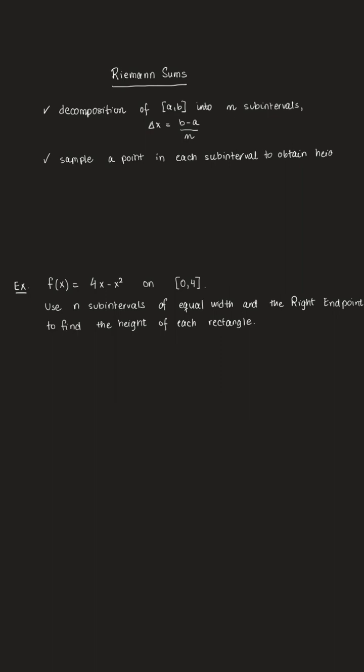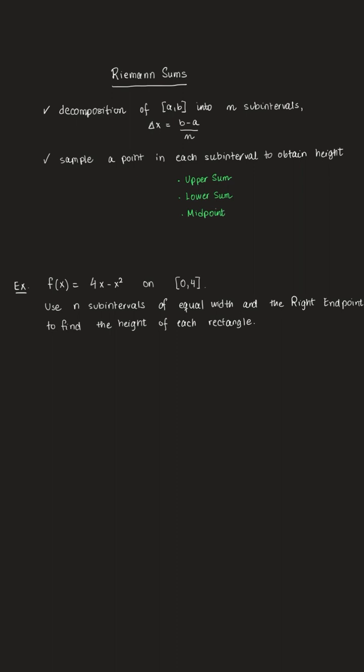Because for the area of a rectangle, we're getting the width, and we need the height of the rectangle. So we've seen that we could do this with, let's say, an upper sum. If we do an upper sum, we're taking the maximum value of the function in each subinterval to be the height. We can use a lower sum. We can use our midpoint rule.